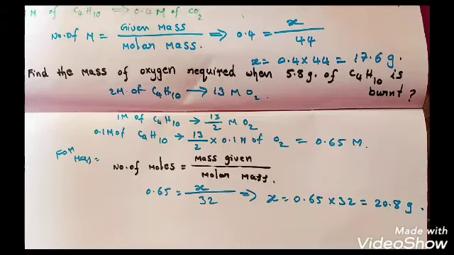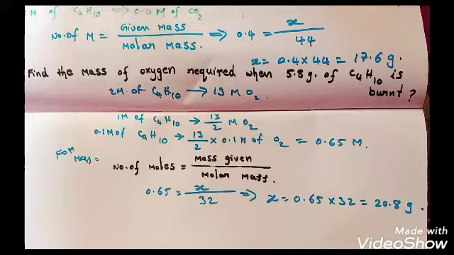So students, for this you have to find out the mass. The formula will be number of moles equals mass given by molar mass. So students, here moles you can get 0.65, the mass is what you have to calculate, and the molar mass, that means oxygen molecular mass, is 32.